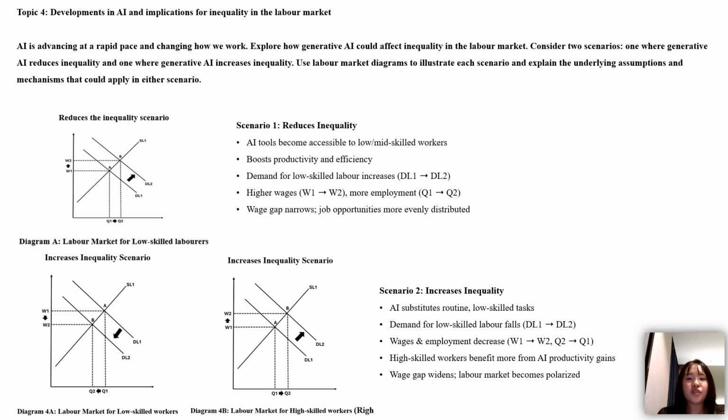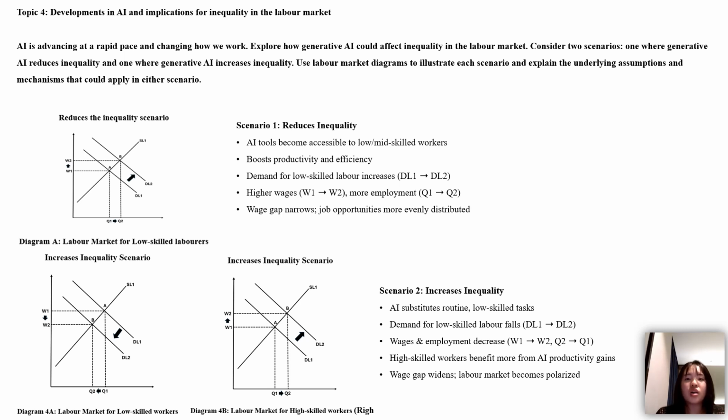The second scenario, which increases inequality, paints a different picture. Here, generative AI substitutes for low-skilled workers in routine jobs like customer service and data entry. The demand for low-skilled labor drops, shifting the curve leftward from DL1 to DL2, wages fall and jobs are lost.